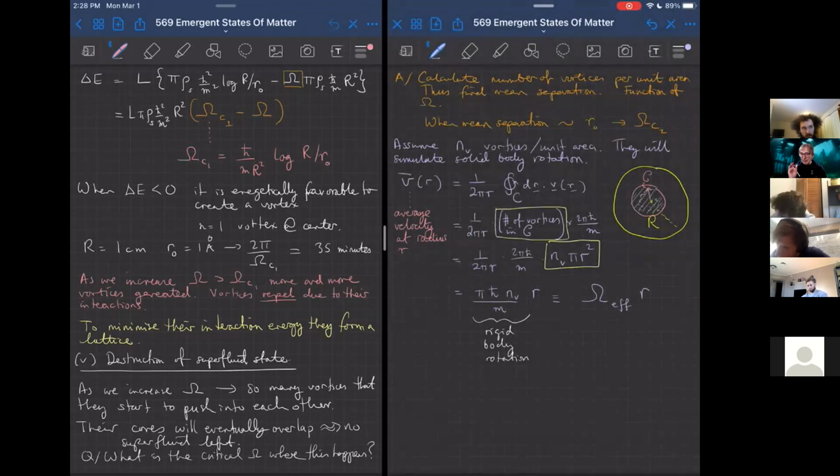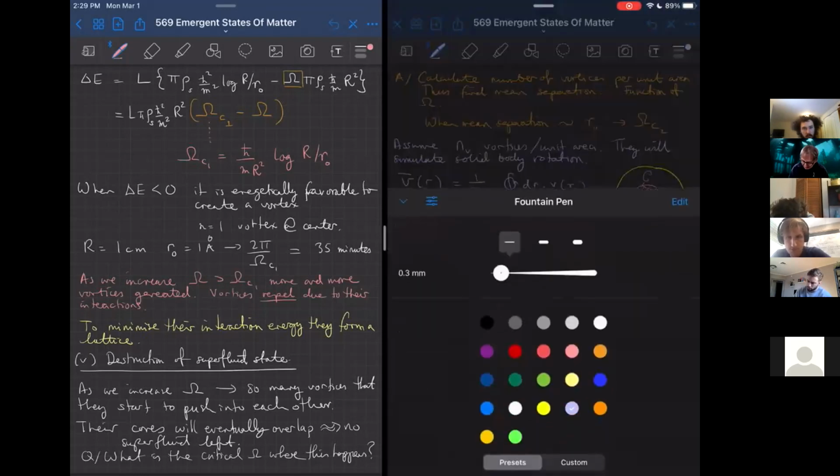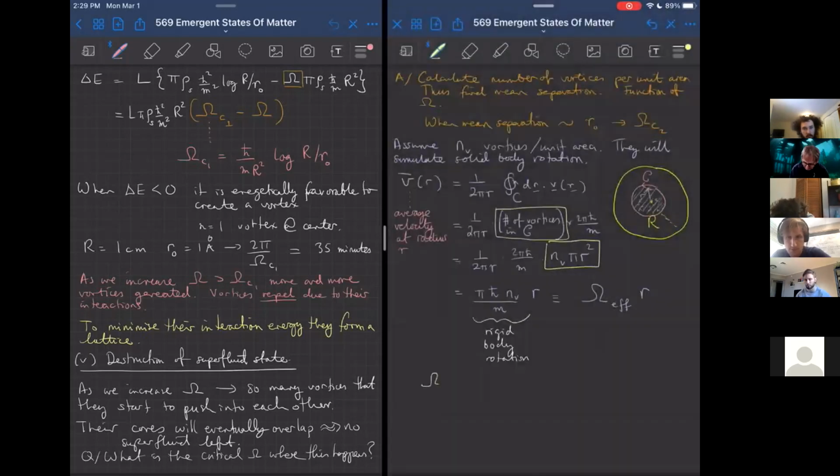If I had a rigid body rotation, the velocity is omega times r. And so what we can see is that the effective omega is equal to pi h bar times the number of vortices over m. Okay, so that's the effective rotation rate of a bunch of vortices.